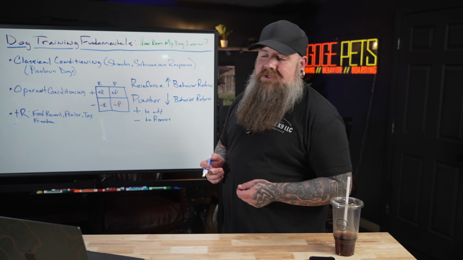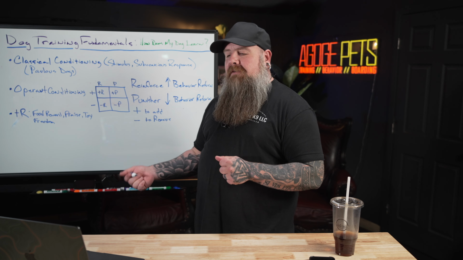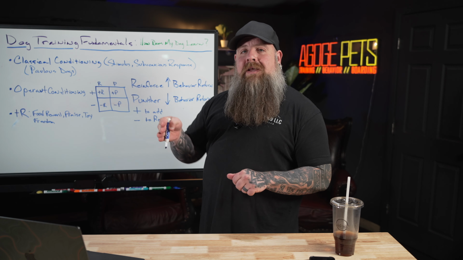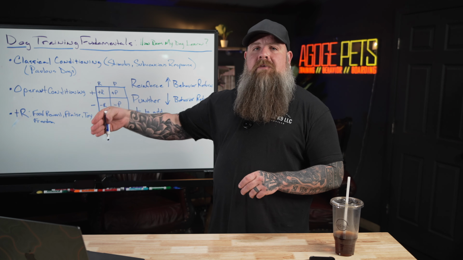So we tell the dog to sit, we tell the dog they did a great job, we give them a treat, that is a positive reinforcer. By producing that treat, we are going to increase the likelihood that next time we say sit, the dog sits.